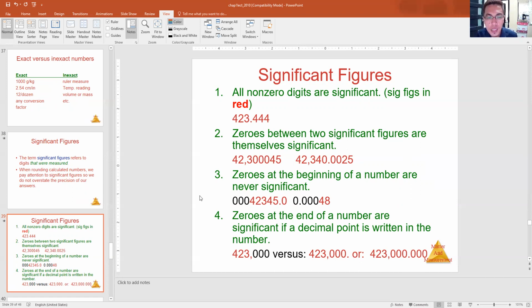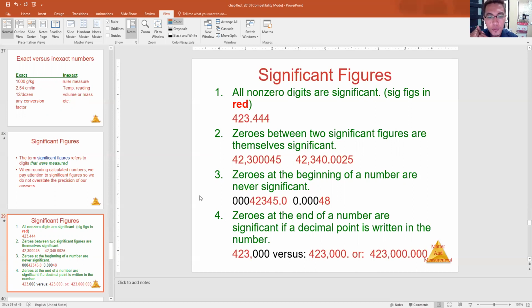Number 2, zeros between two significant figures are themselves significant. So if a 0 is in the middle of two significant figures, then that 0 is also significant.